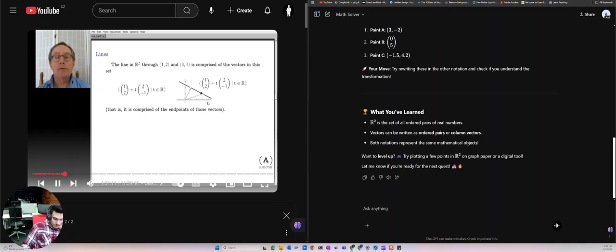And you'll see that I've written that as (1, 2) plus t times (2, minus 1). So the (1, 2), of course, comes from the point (1, 2), and there's the vector (1, 2). Where does the (2, minus 1) come from?